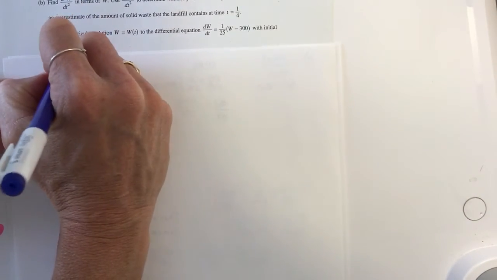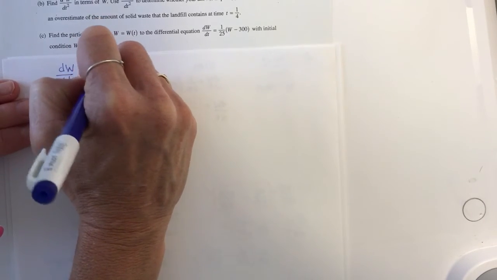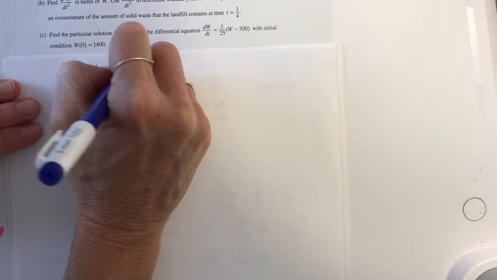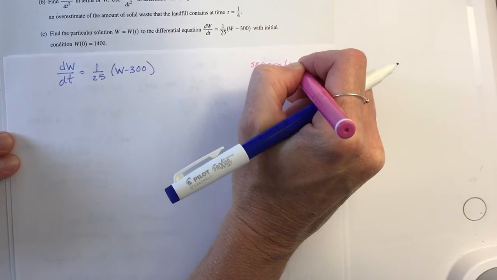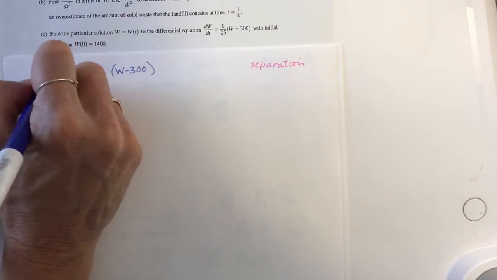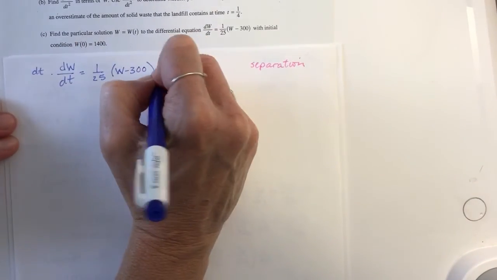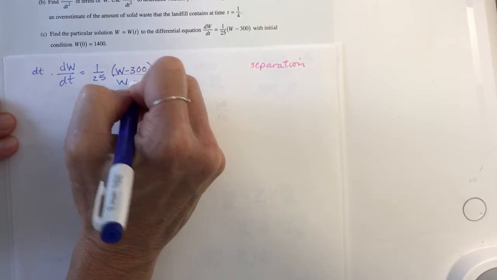So we're going to start with dw/dt. Our first step is separation of variables, and that gives us points on the test, even if we do nothing else, you guys. So we're going to multiply both sides by dt, get the dt's on the right, and we want the w's on the left.